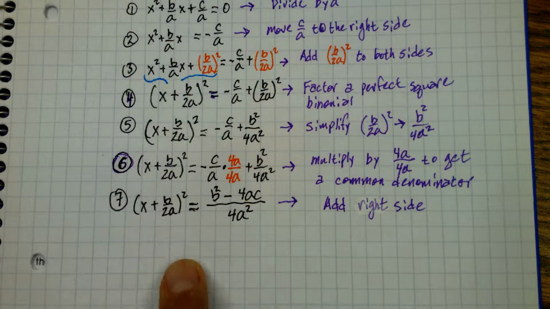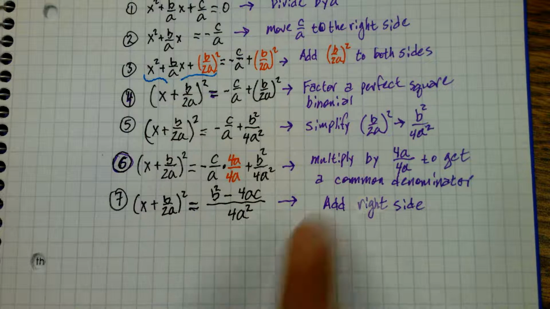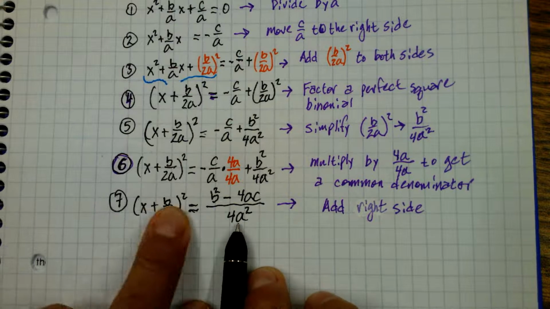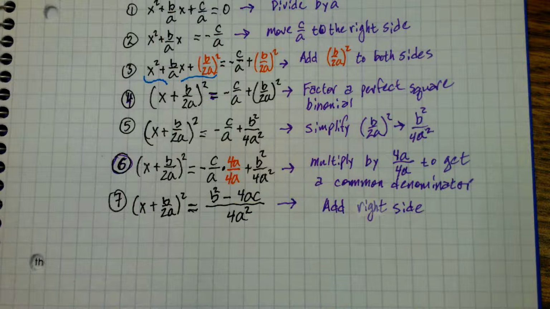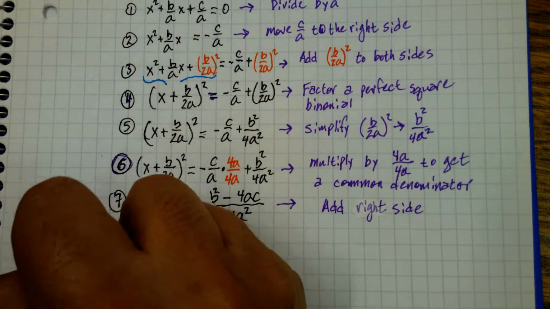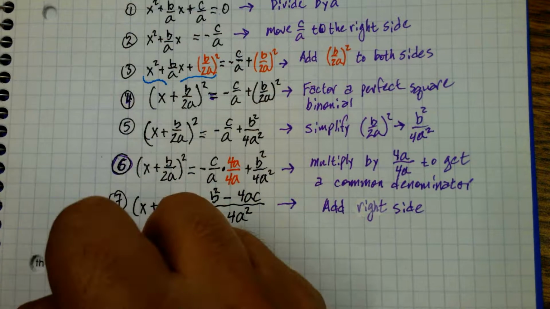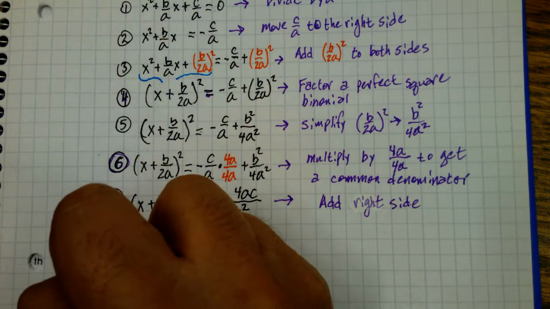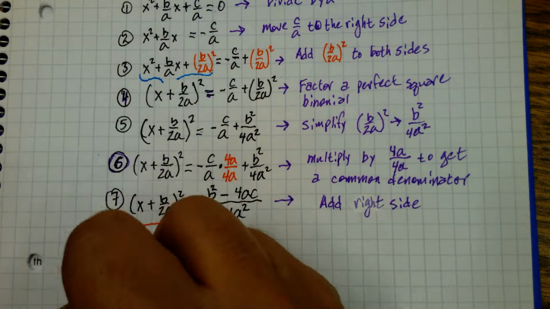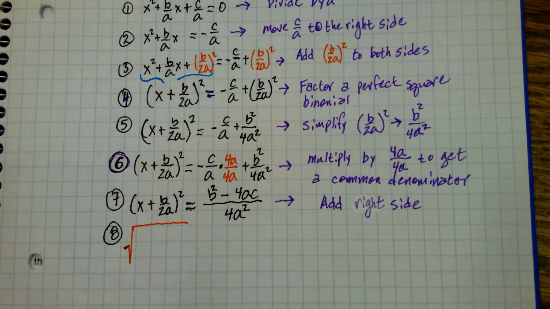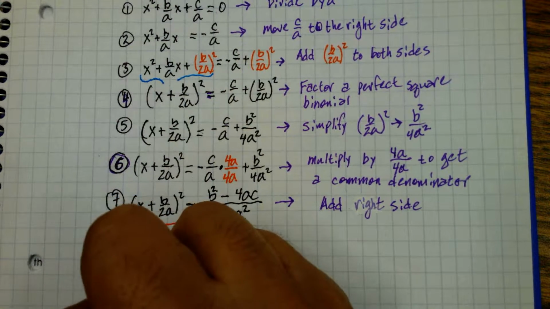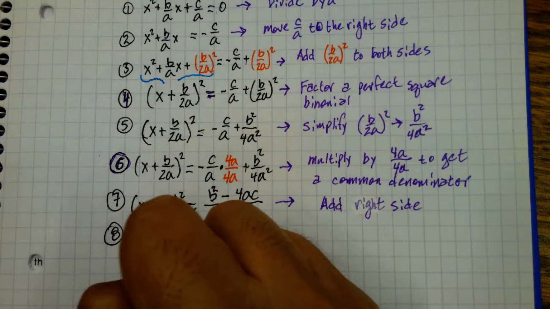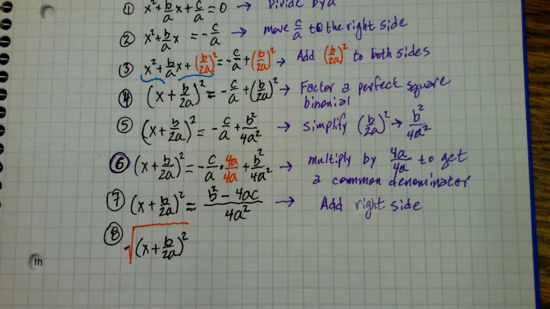All right, so now we're getting close. We cleaned up everything to the point where we can take the square root of both sides. So we're going to square root the left side and the right side. Okay? So this is step 8. We're going to square root both sides. So inside of here we're going to have x plus b over 2a squared.